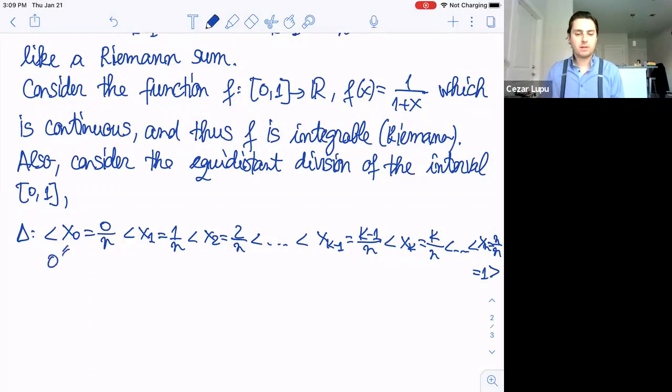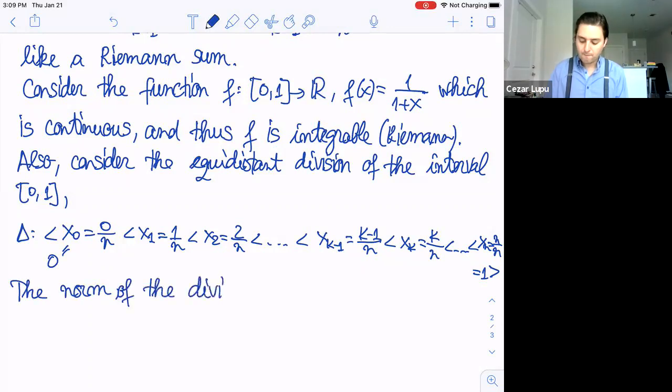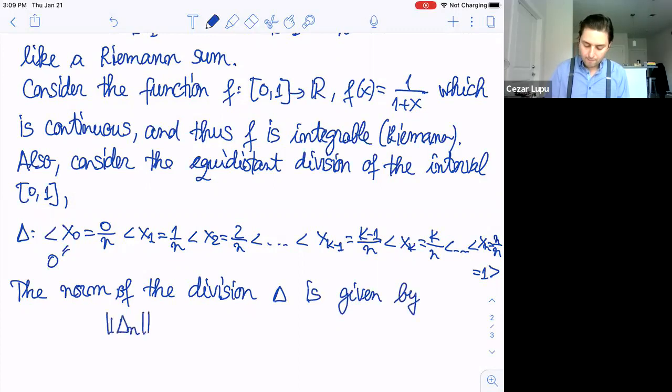As you can see, this is an equidistant division of the interval 0, 1, because the norm of the division, delta n, is usually defined by the max for all k between 0 and n of xk minus xk minus 1.